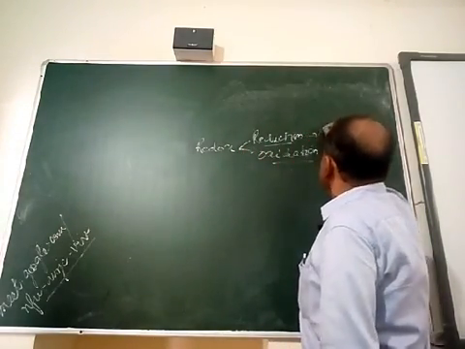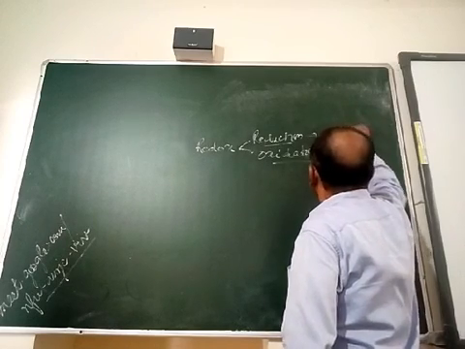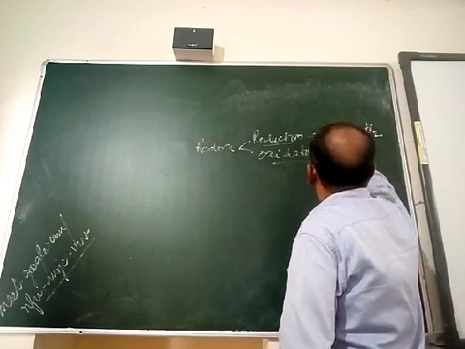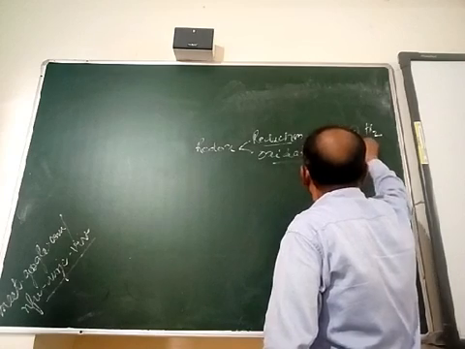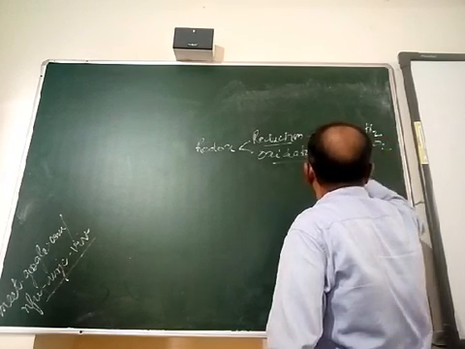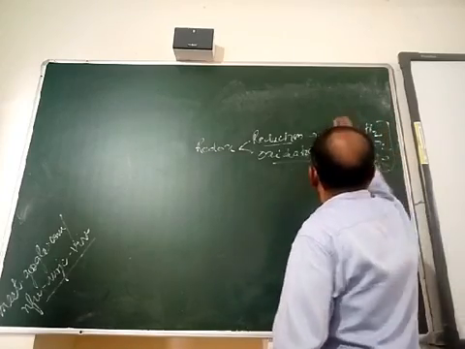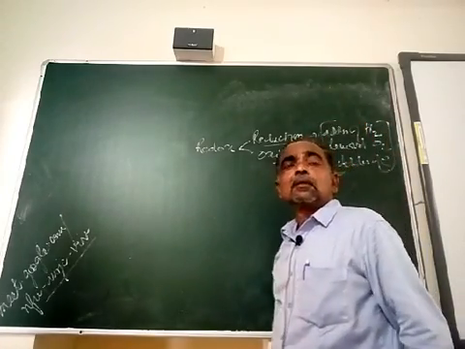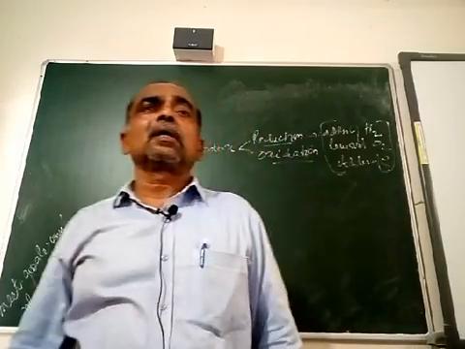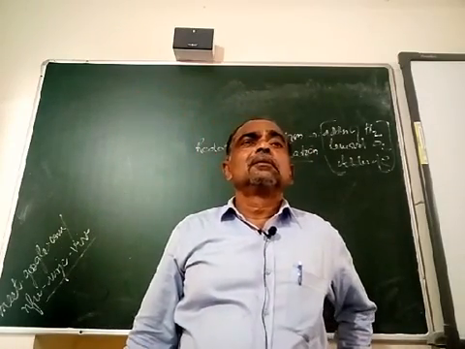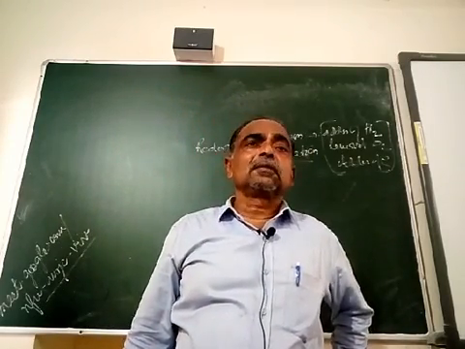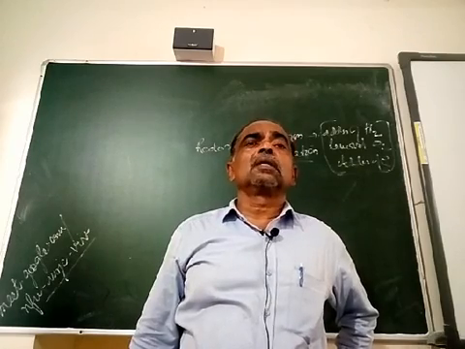Reduction is a reaction in which there is addition of hydrogen or removal of oxygen or addition of electrons. Three things. Addition of hydrogen in a chemical reaction can be called reduction, removal of oxygen or addition of electrons.